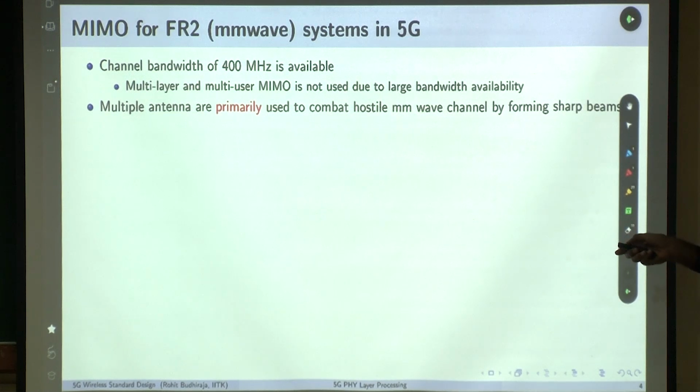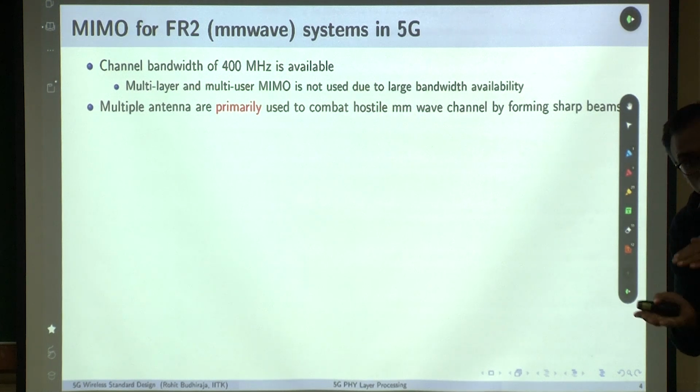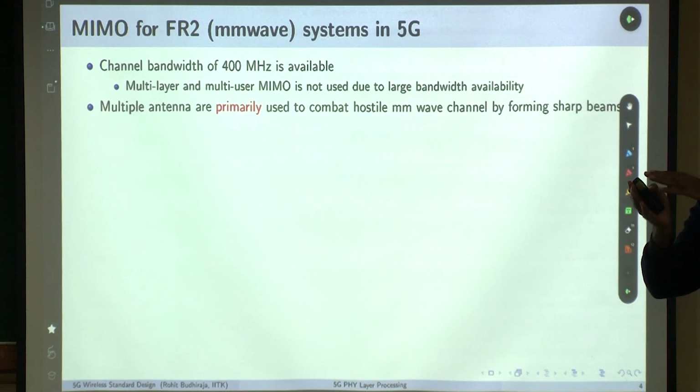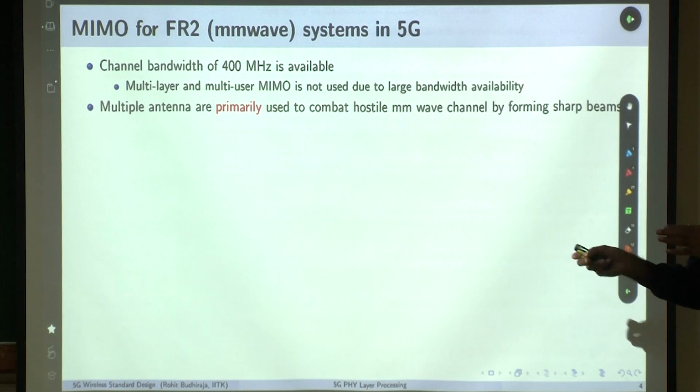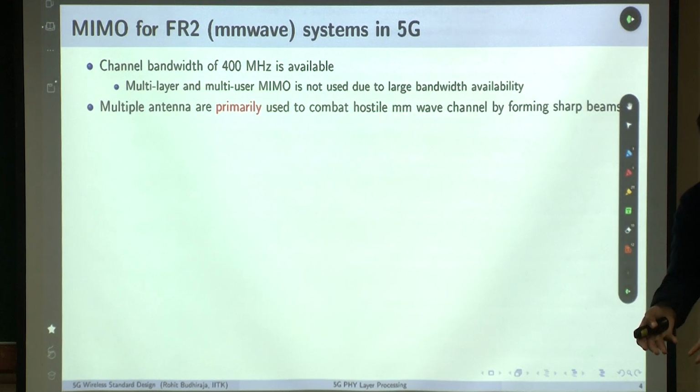Once this is the objective, you do not want multiple layers or multiple users. Then you do not want access to the digital signals from all the antennas, because this operation, as I will show you, can be done in the analog domain itself.